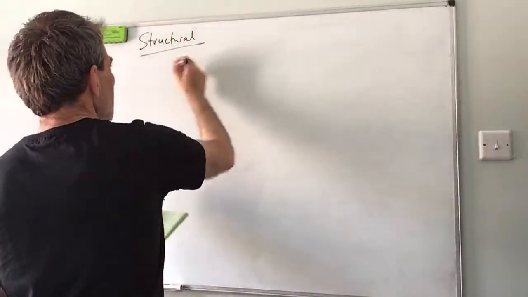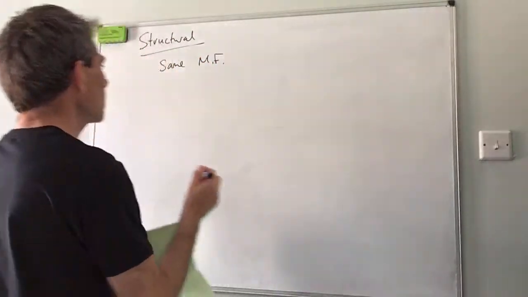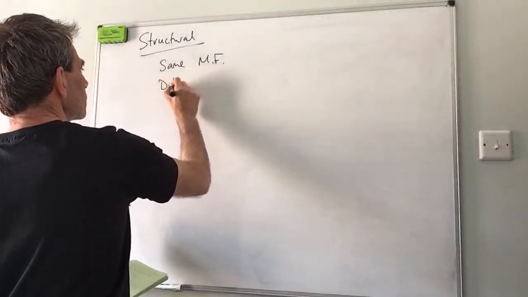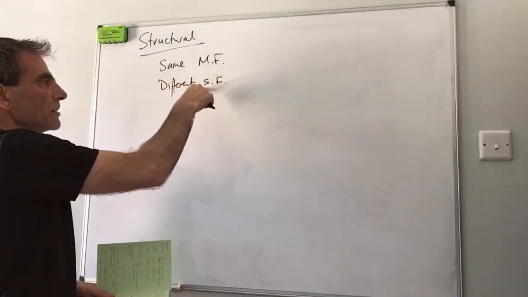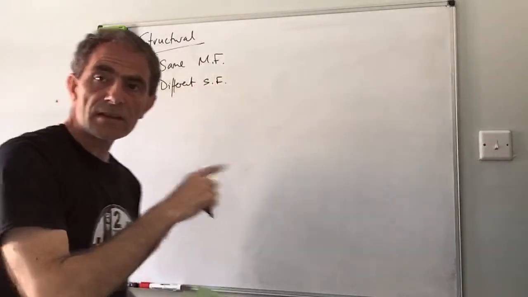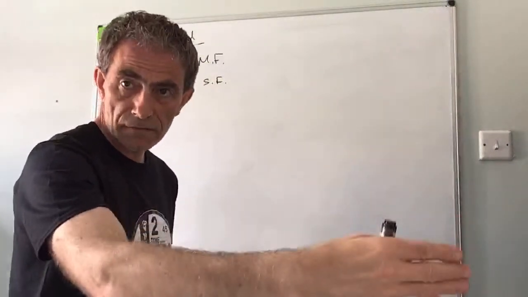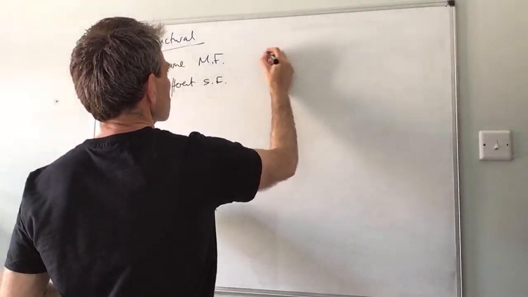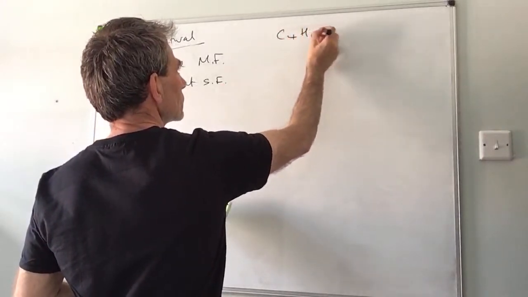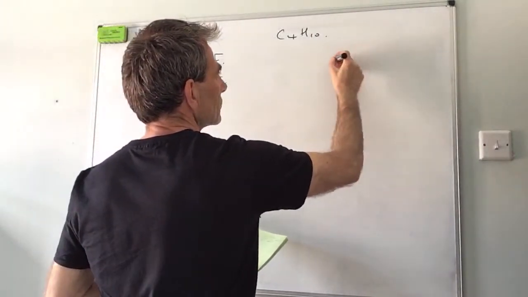So structural isomers have the same molecular formula, so the same number of atoms basically, but they have different structural formula. So same molecular formula, different structural formula, okay? So in the definitions for all of the isomers, some things are the same, some things different. For example, C4H10. Okay, so C4H10 could look like this.